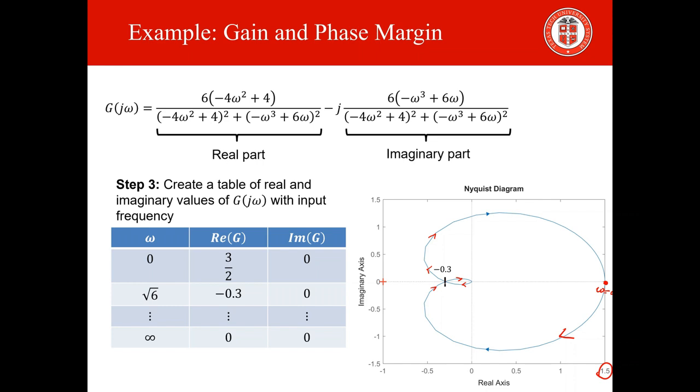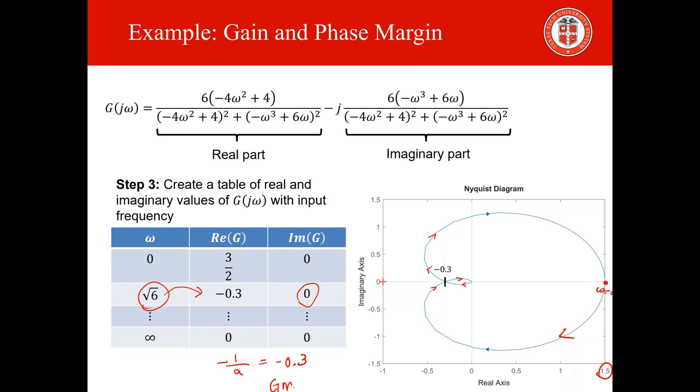It intersects the real axis. Again, we fix the imaginary part to be 0, and we can solve for omega, and then we can plug this into the real part. And so that's how we get this guy of negative 0.3. So this is again corresponding to that negative 1 over A, that's negative 0.3.